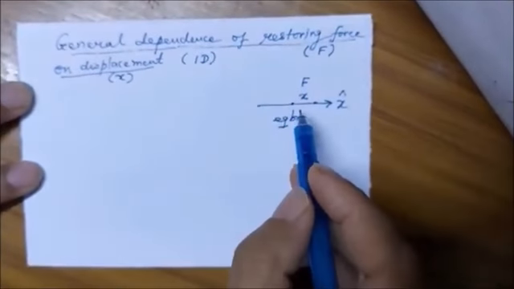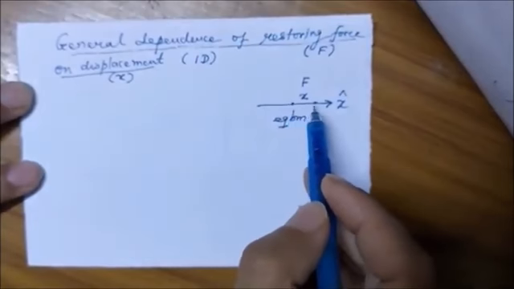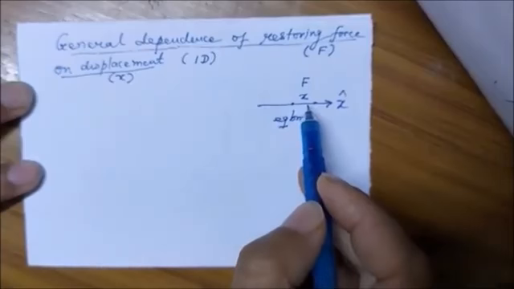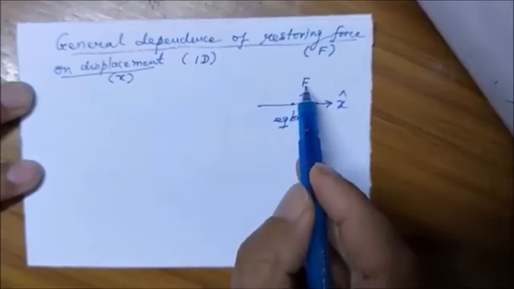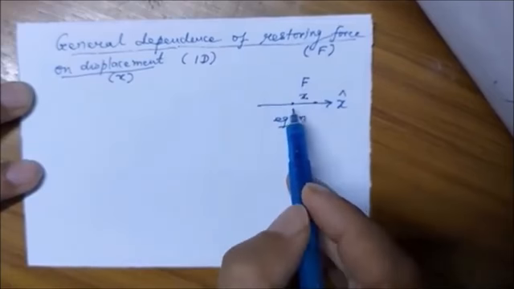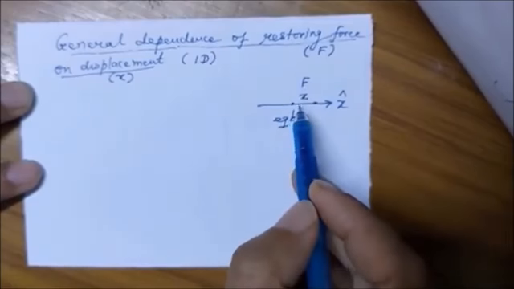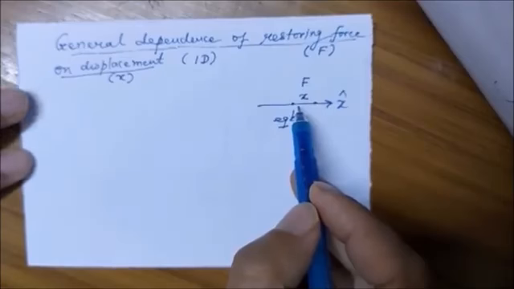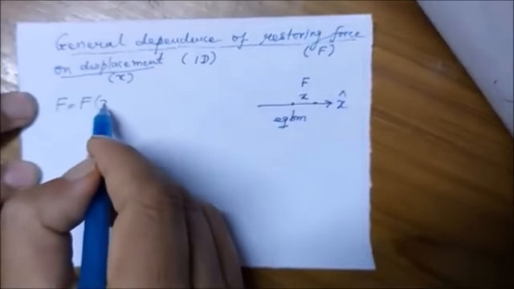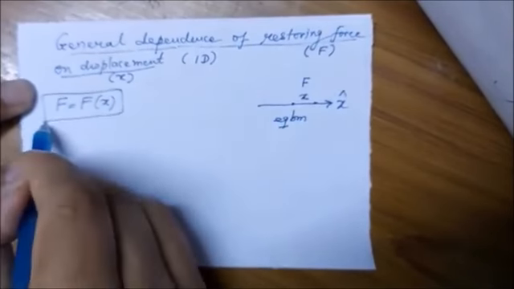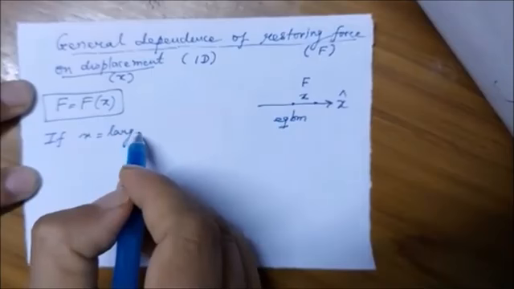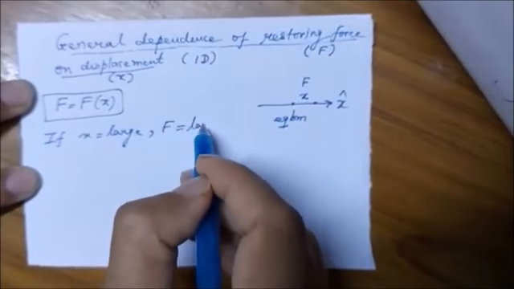It is clear that the more the system is driven away from where it was sitting, the more disturbed it is, and the restoring force developed will therefore be more. So large X means large F. But if it is slightly disturbed, the amount of restoring force that develops within it will be very small. So we expect F to be a function of X. And if X is large, then we expect F to be large.